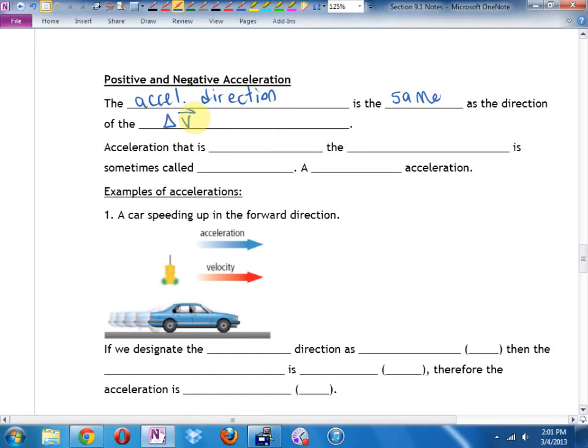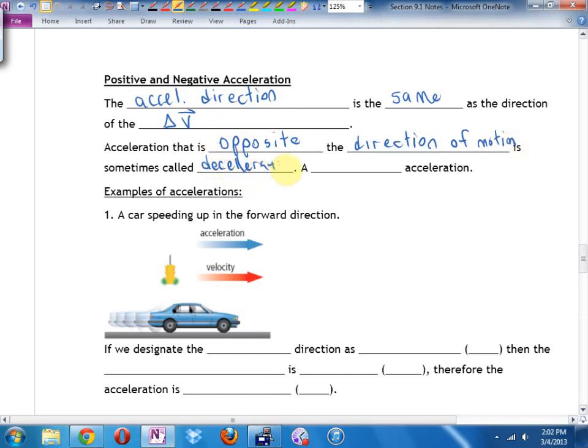We have a fancy schmancy word: acceleration that is opposite the direction of motion is sometimes called deceleration.